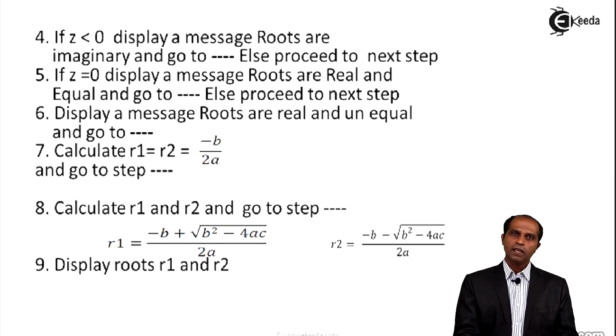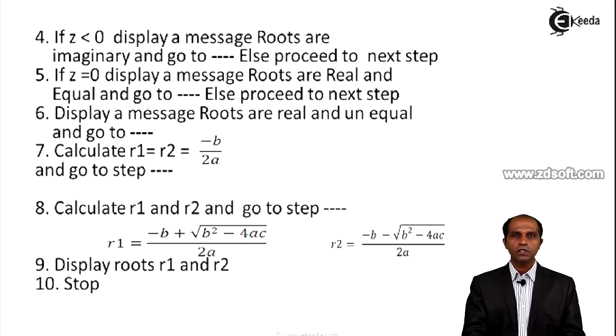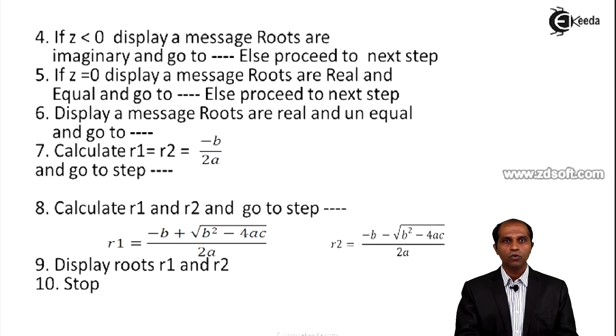Similarly, 8th will say calculate R1 R2 and again proceed to step number 9. So, 5th is going to have 7th, 6th will be added to 8th, and both 7th and 8th will be going to 9th at this place. So, 10th will be stop. So, it means that if 4th is hit, then it will automatically go to step number 10.